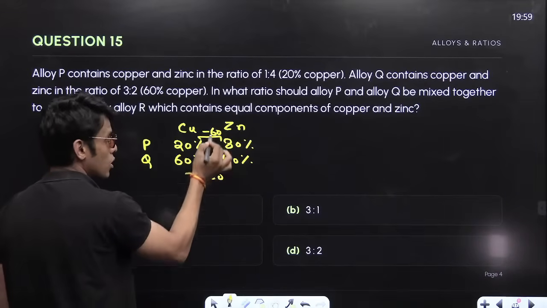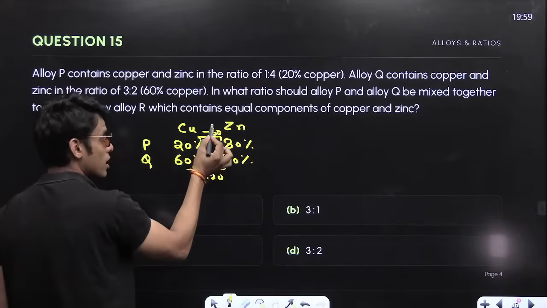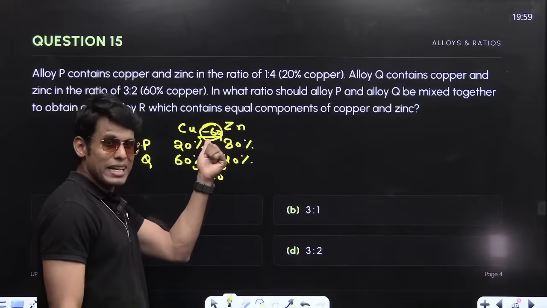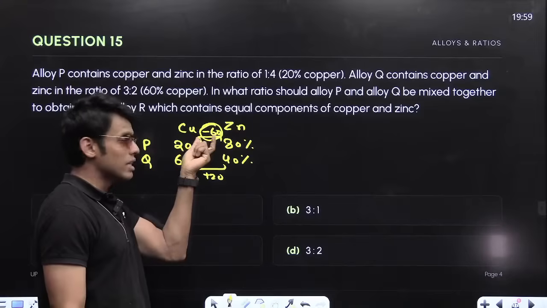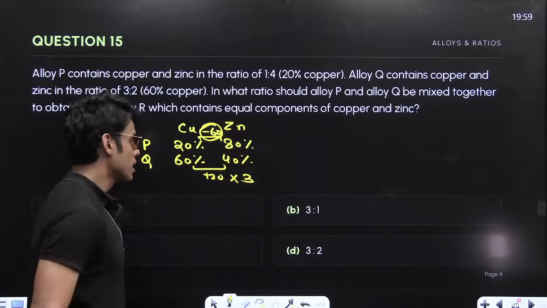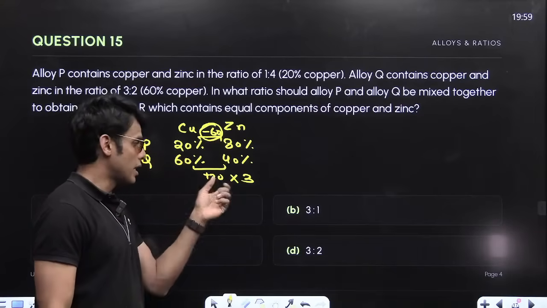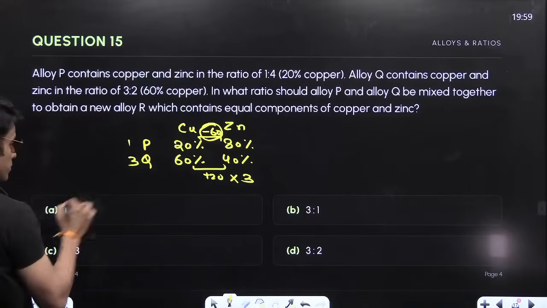So to cover this deficit, I have to use this liquid thrice so that this plus 20 can become plus 60, and the minus 60 and plus 60 can neutralize. So the answer is 1:3.